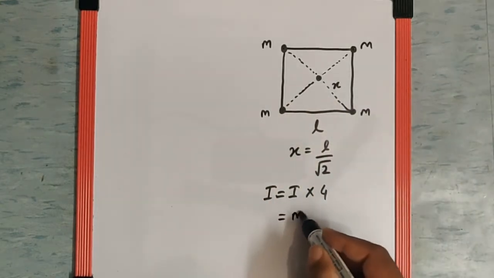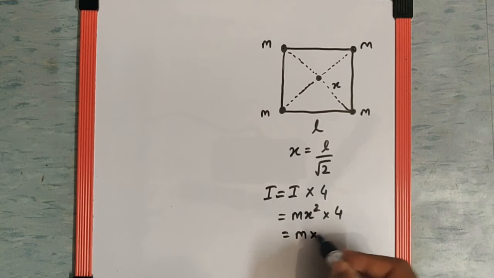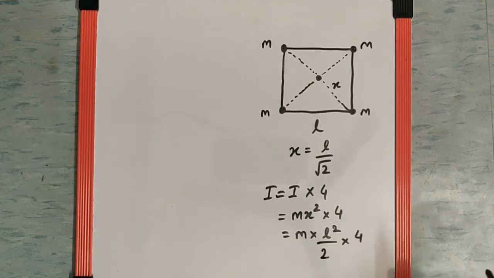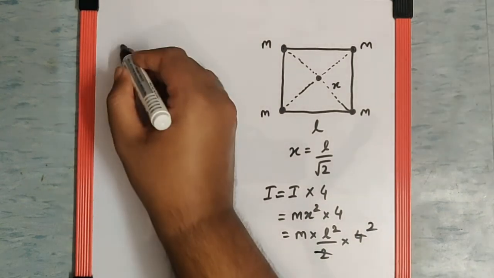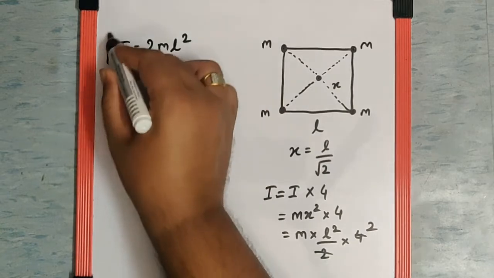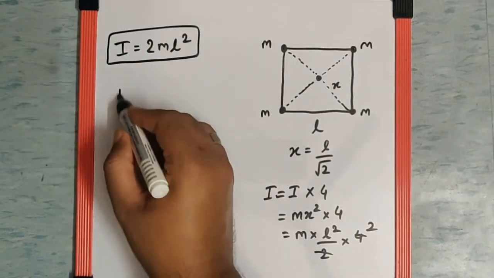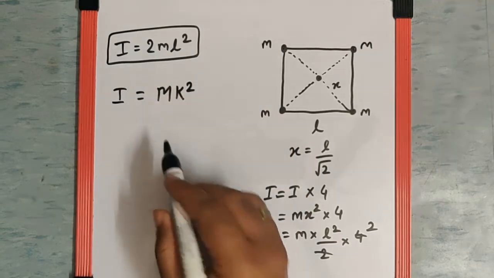So it is going to be m x square into 4, which is m into L square by 2 into 4. So this will be I as 2mL square.